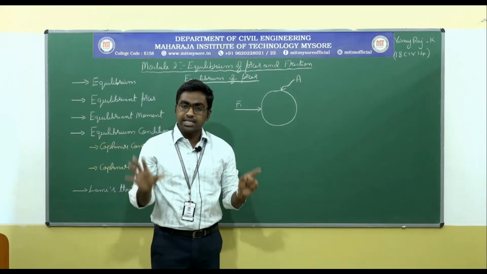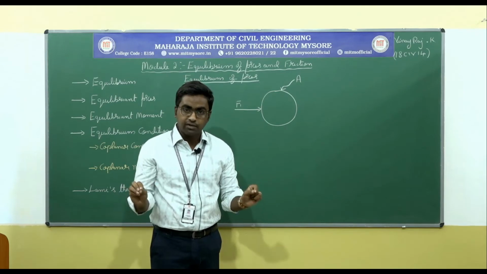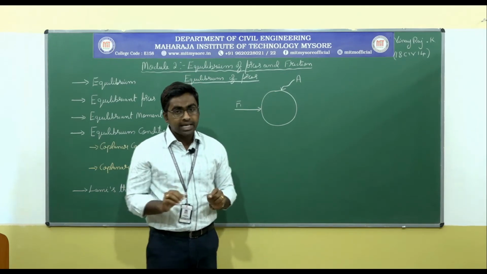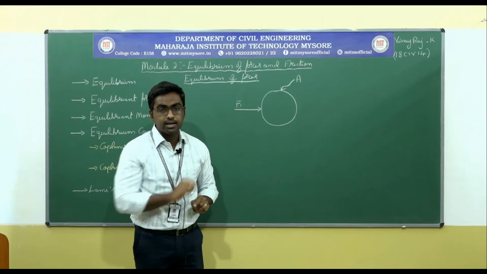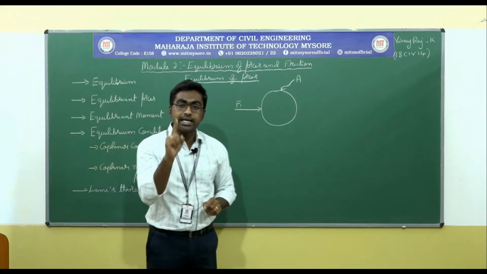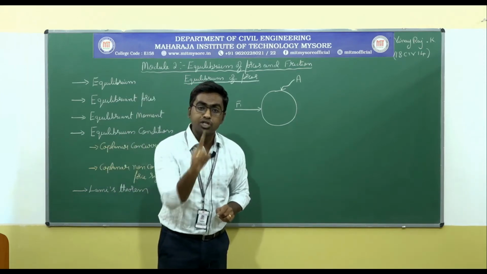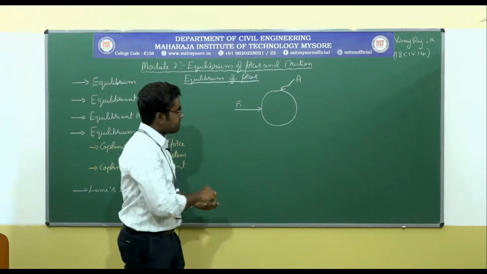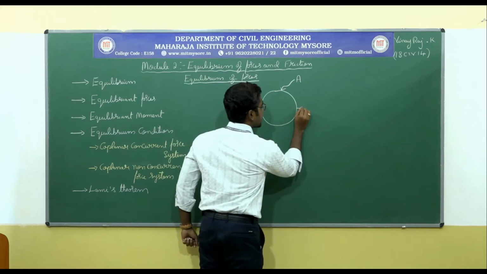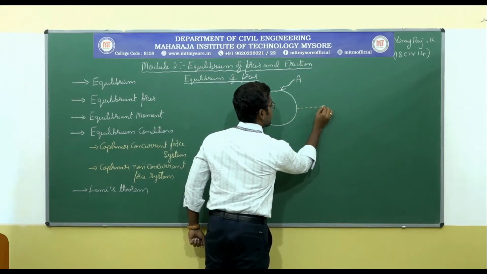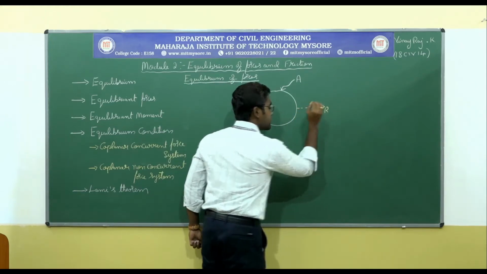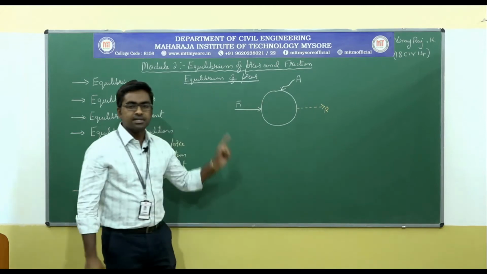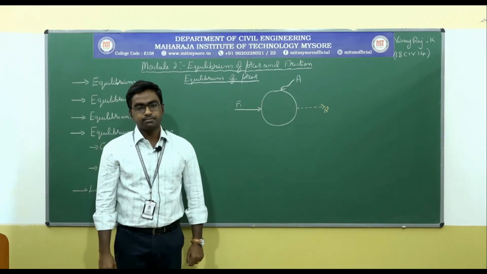In this system, there is a body and we have applied the force. Due to the application of the force, there is one resultant, and that resultant is in the form of motion of the body. The motion of the body will always be in the direction of the applied force, and this is the resultant R of this particular system.